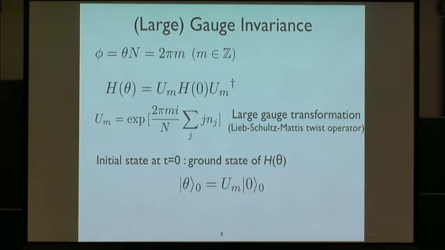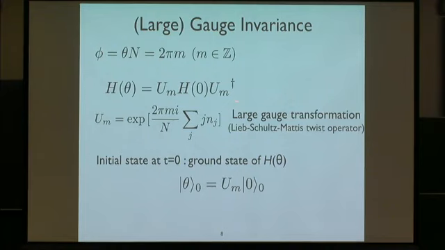But as you know, if you have an integral multiple of the unit flux quantum inside a ring, then there is no Aharonov-Bohm effect. So that means that for this kind of flux, the Hamiltonian with flux must be equivalent to the Hamiltonian without any flux.